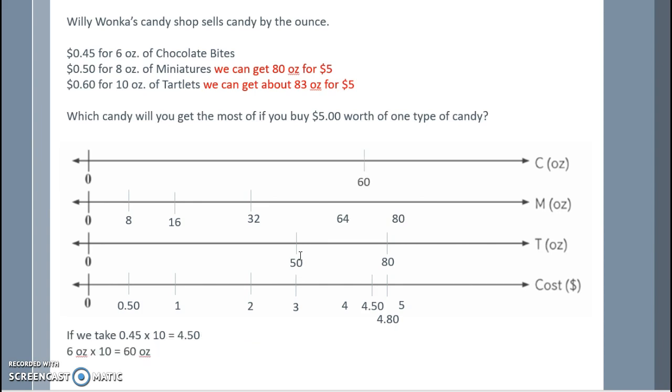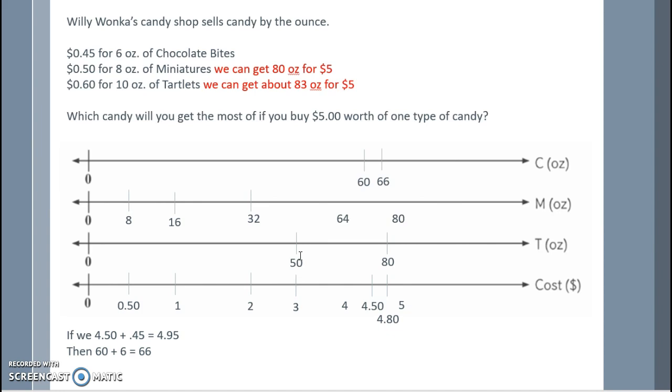What about the chocolate bites? If we take 45 cents times 10, that'll give us $4.50. Further, 6 ounces times 10 is 60 ounces. So for $4.50, we get 60 ounces. Then we can count by 6 ounces.